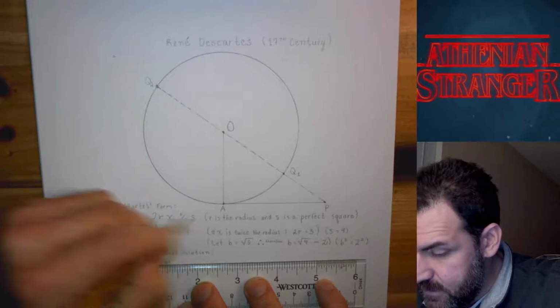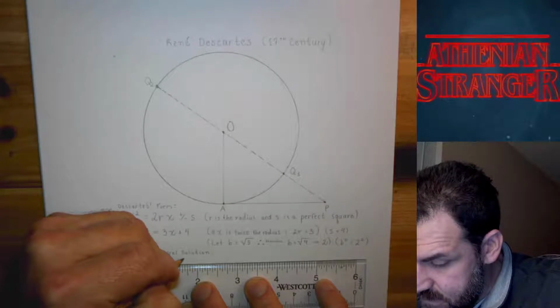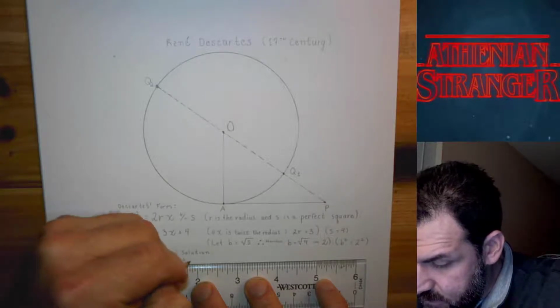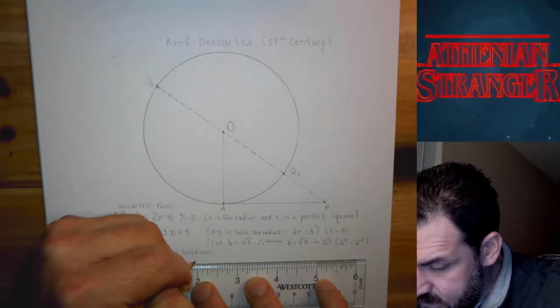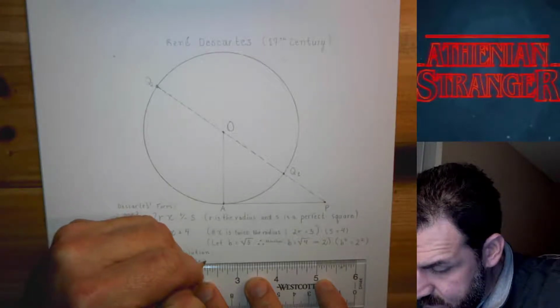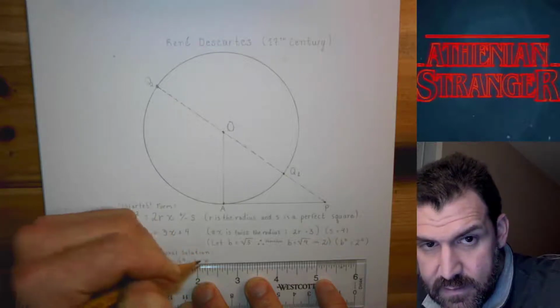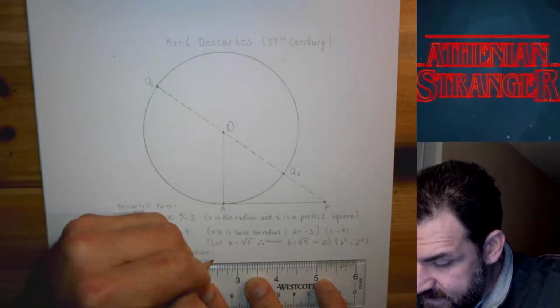which we wrote up here, the roots of x squared equals 2rx plus s.